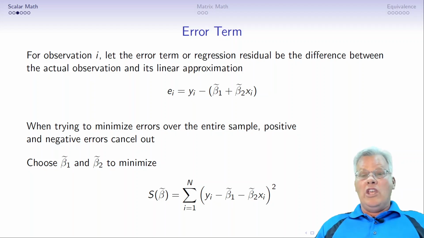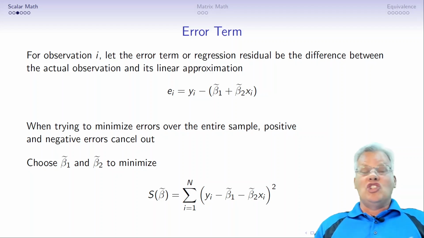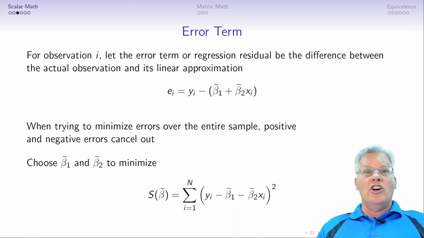Now, when we choose the parameters beta tilde 1 and beta tilde 2 to come up with the optimal linear approximation, of course, it's not possible to minimize the sum of the errors over all observations in the data set because positive and negative errors will cancel out. So the sum of the e sub i's are going to equal 0.